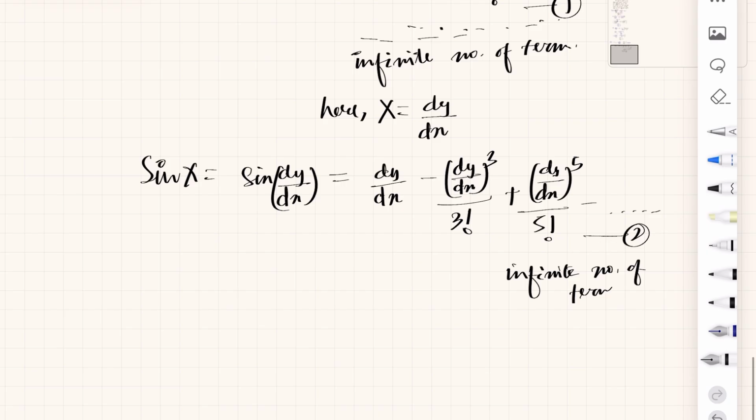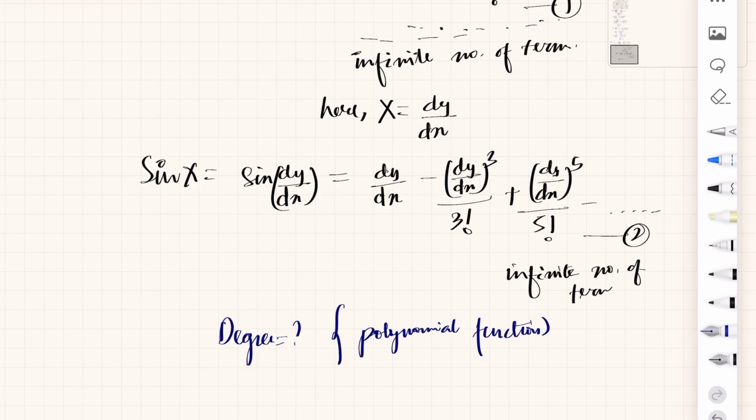But to find out the degree, you want to find out the degree, right? For the degree, the function or the equation should be a polynomial function. Means there should be a finite number of terms. Only after that can we find out the degree.